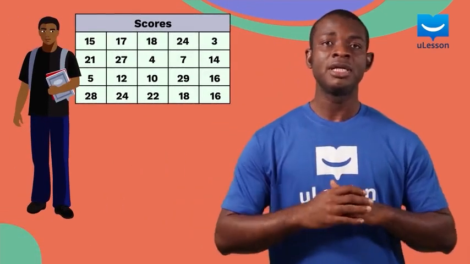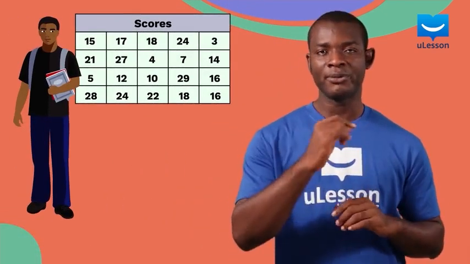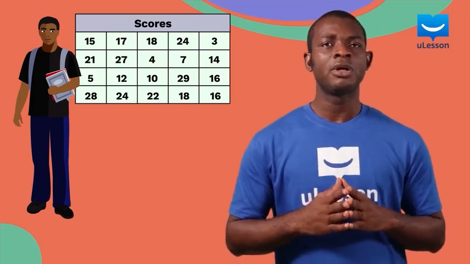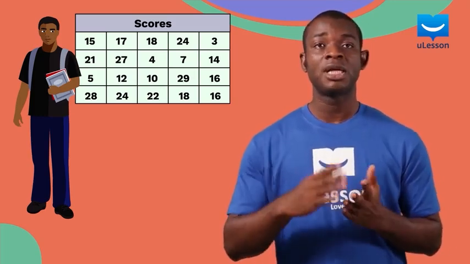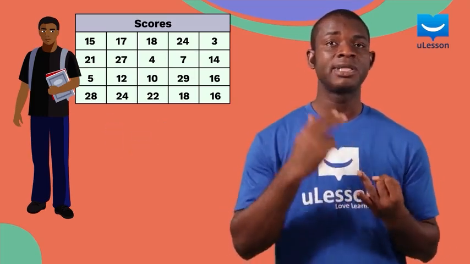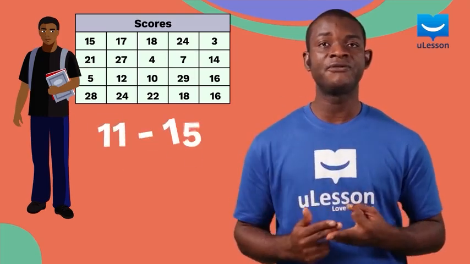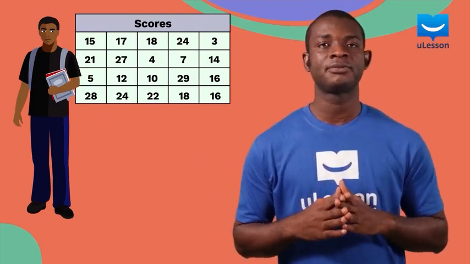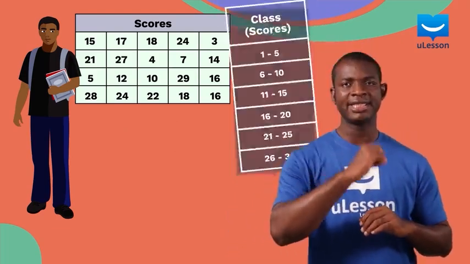Let's try grouping the data values Goje got from his survey. Looking at the data given, we can group them in fives, like 1 to 5, 6 to 10, 11 to 15, and so on, up to 26 to 30. We can see this in the table.